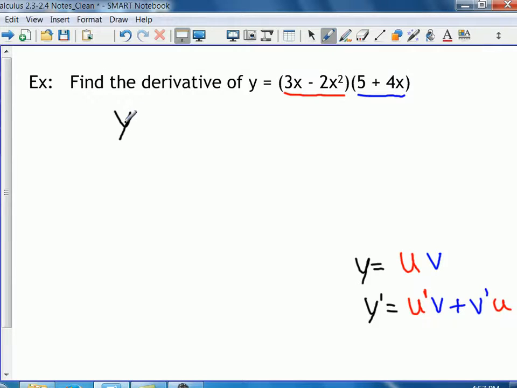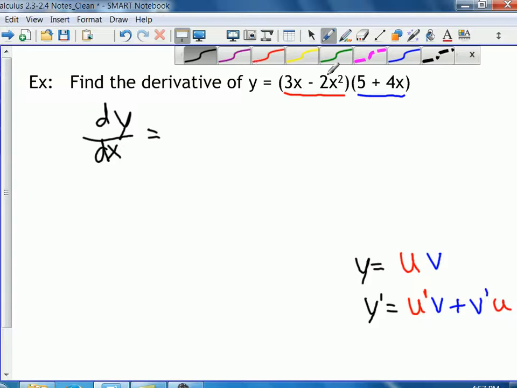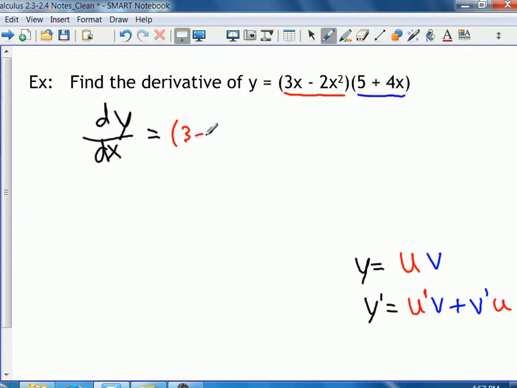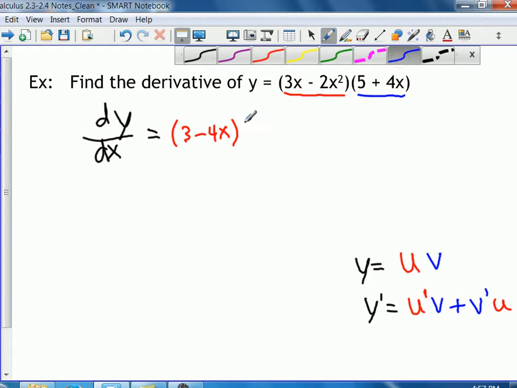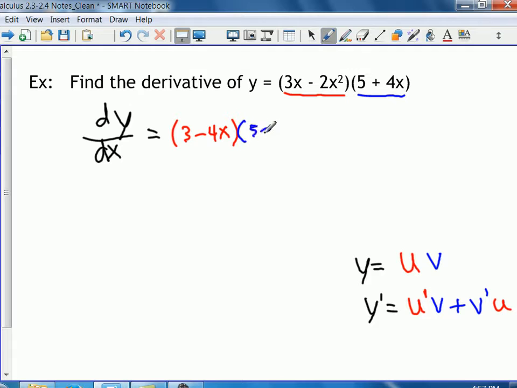So y prime, or dy dx, let's say, is going to be the derivative of the first, which is actually two different things. It's 3 minus 4x. That's the derivative of the first. Now we have to multiply that by the second, left alone. Then we have to do the derivative of the second, which is actually just going to be 4, because we did all that.